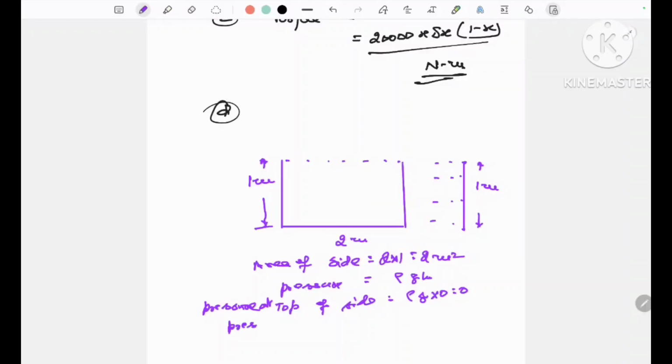Pressure at bottom of this side will be rho g h, h is 1 meter. 1000 into 10 into 1, 10,000 Newton per meter square.